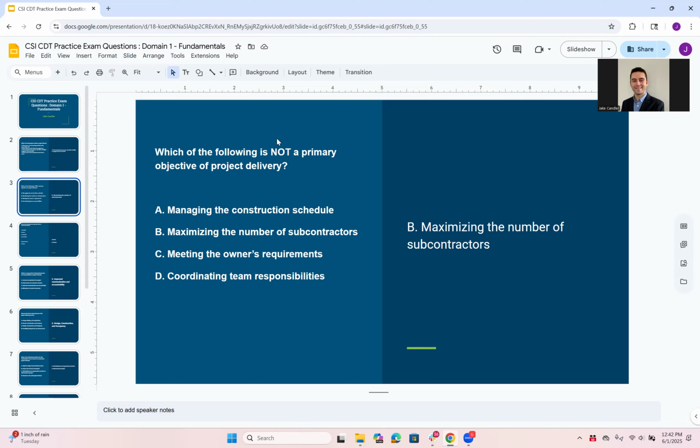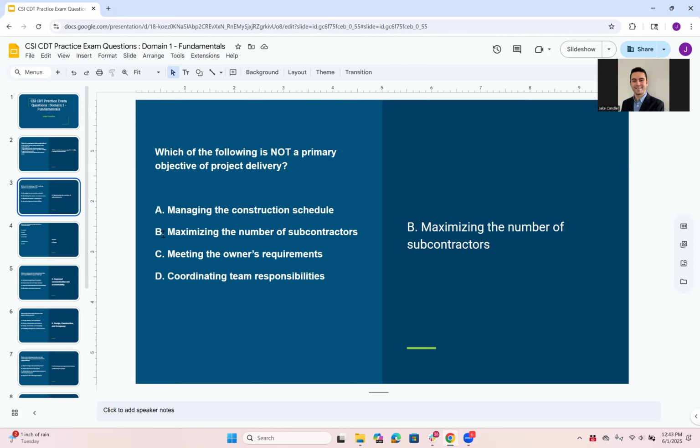So first of all, to answer this type of question, we want to look at everything that is, so we can do process of elimination. So when we think of project delivery, we definitely manage to construct a schedule. Yes. We don't really focus on maximizing the number of subcontractors because it really doesn't matter how many we have.